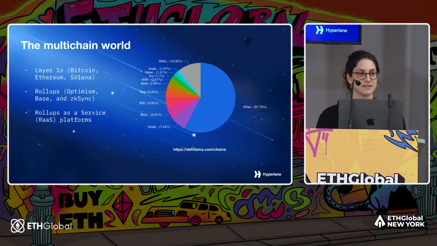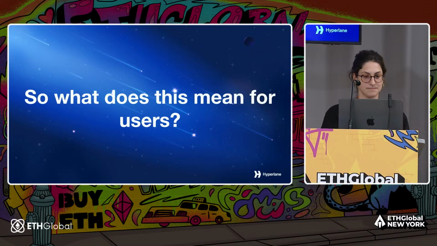Ethereum ran into some scalability issues, which is why we see the rise of all these rollups, like Optimism, Base, and many others. And with rollups as a service getting easier to build with, you also see the rise of rollup-as-a-service platforms. This is the reality of the blockchain ecosystem today. When you look at how many different networks exist, it makes a lot of sense to have a protocol to talk between them. And that is exactly where Hyperlane fits in.